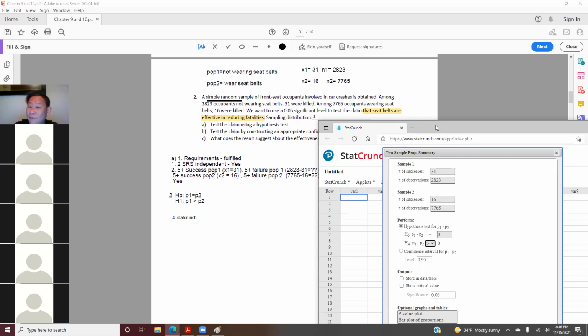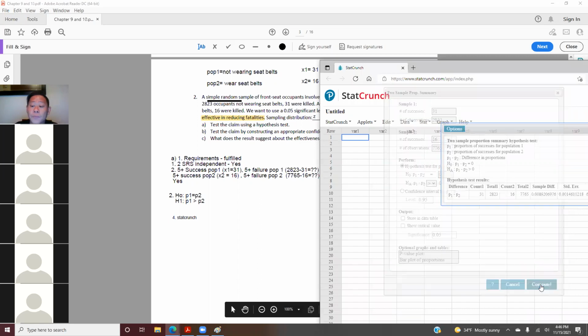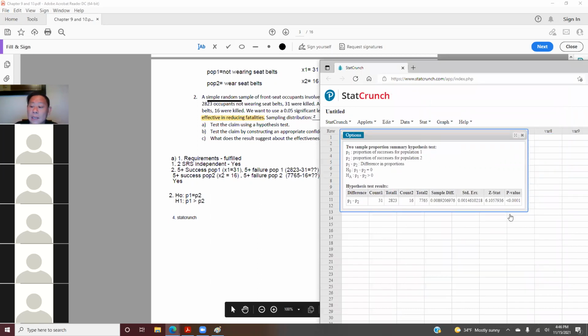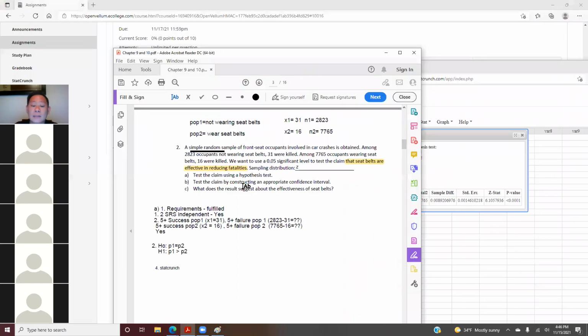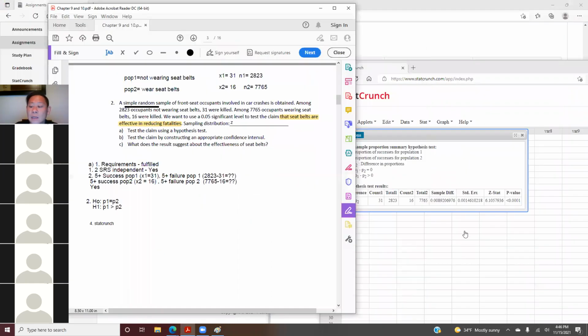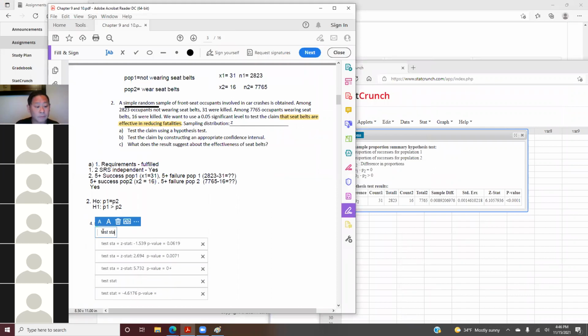So be careful with these kinds of questions, as I mentioned. You will see this in your homework. Your test statistic in this case is 6.1, and that's your p-value.